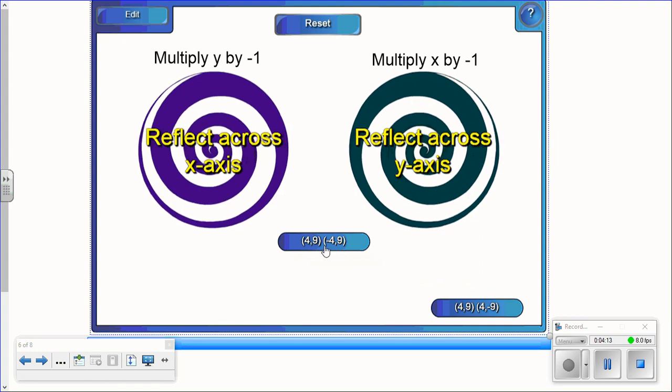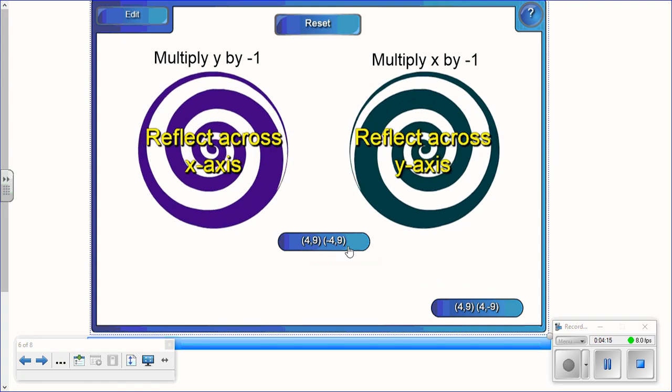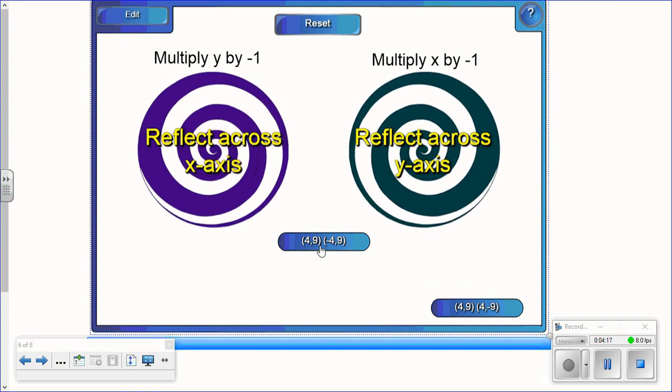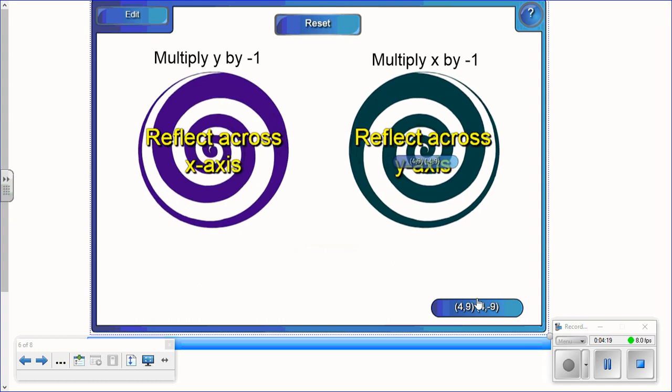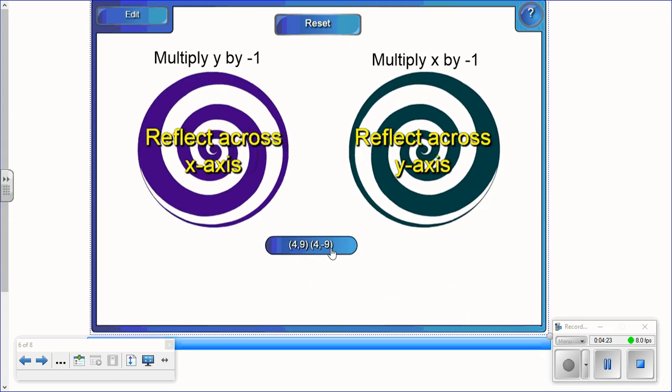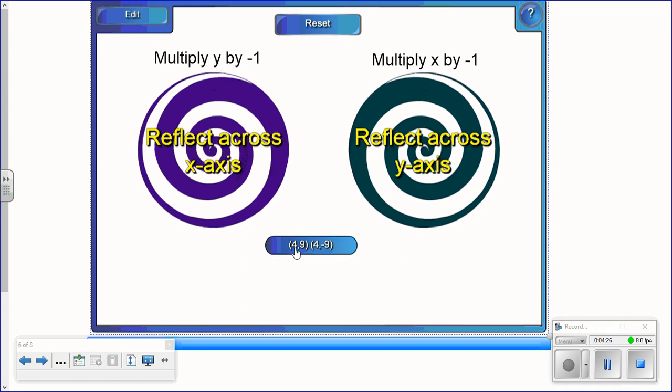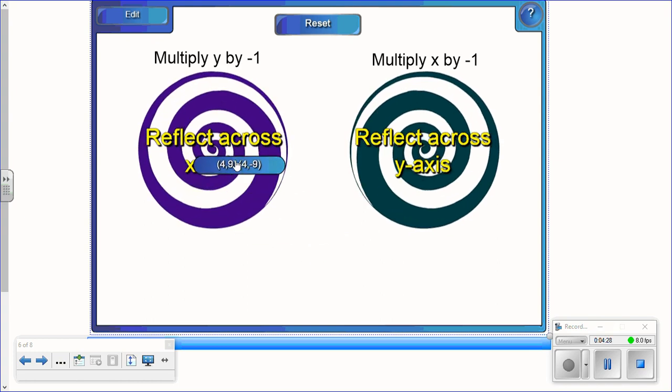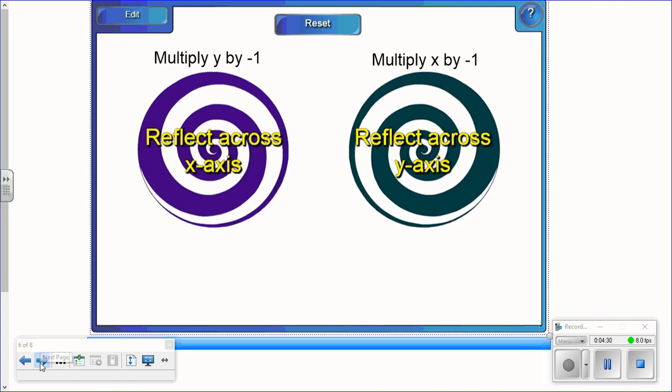It goes from 4, 9 to -4, 9. The x is being multiplied by -1. That means a reflection across the y. In this one, it goes from 4, 9 to 4, -9. That means the y is being multiplied by -1, which means it's a reflection across the x.